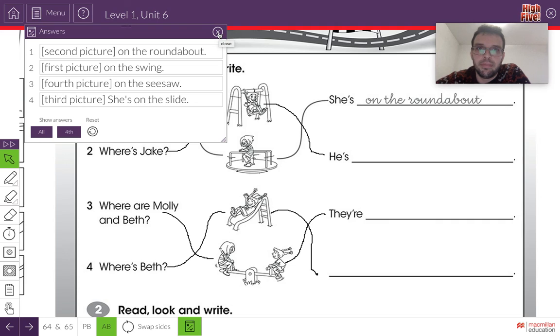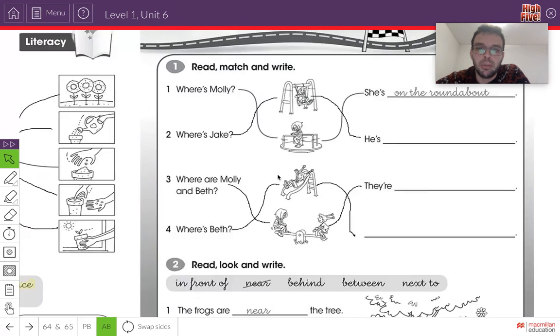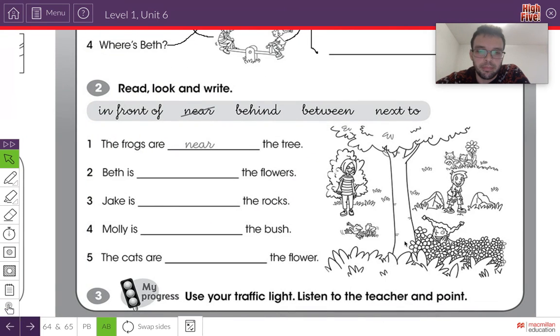Have you finished? Excellent. One more exercise. Okay, so here are our directions again. All right. So we have in front of, near, behind, between, and next to. And we have to look at the picture, okay, and write the correct word in the sentence. Let's look at number 1, okay, the frogs.